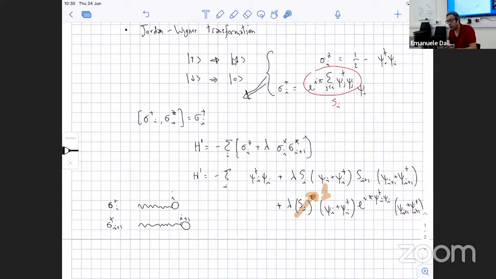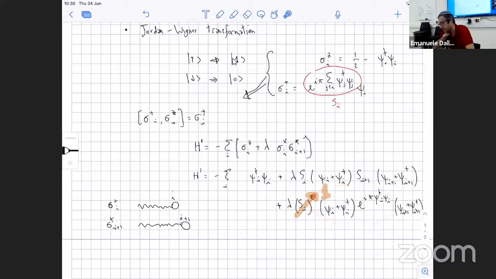I don't need to worry about all these fermions that were at sites before I, because I get two strings. Okay, good. And then you are left with this term.